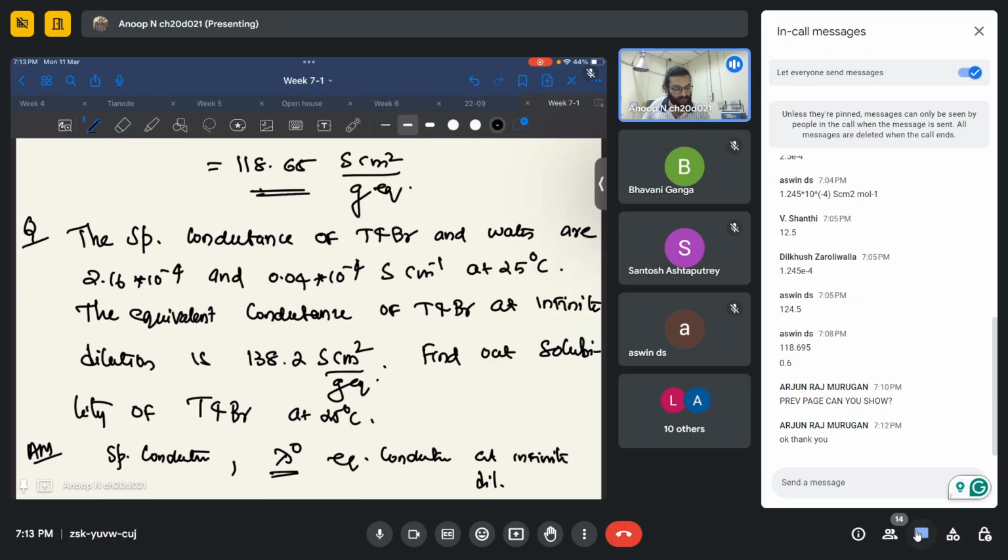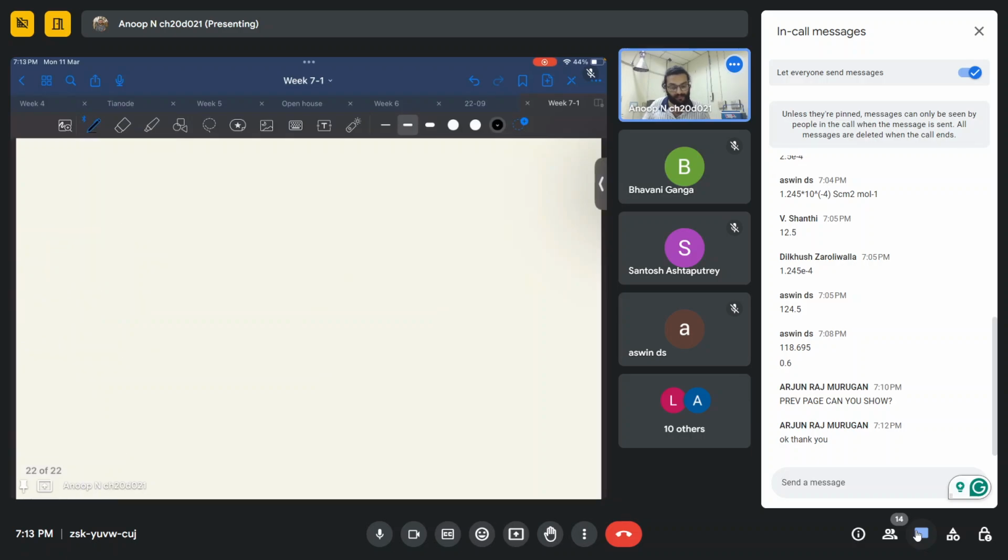So hope you have written this question. So what is the equation for solubility? Solubility S C is equal to, what's the formula? We are given with specific conductance as well as the equivalent conductance at infinite dilution. So how can we connect?